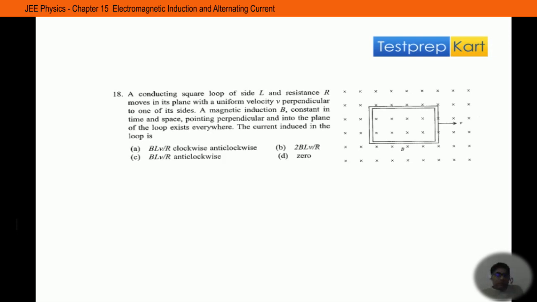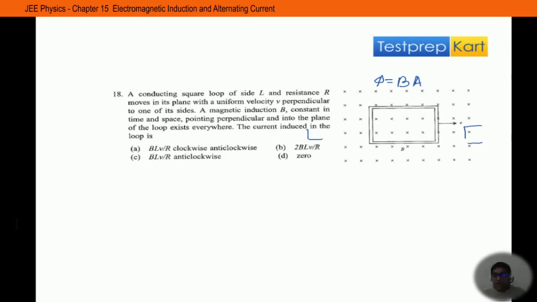Whenever there is induced EMF, the primary requirement is that there must be a time varying flux, which is changing with time. But in this case, as this entire area lies inside a constant magnetic field, B is constant, area is constant, so the flux will remain constant. This loop will experience induced EMF if it enters from any outer region or gets out from this region.